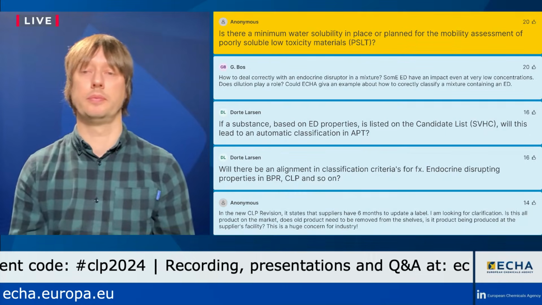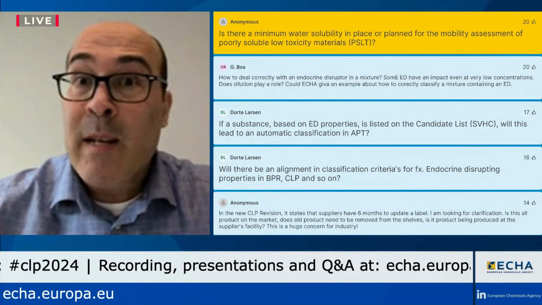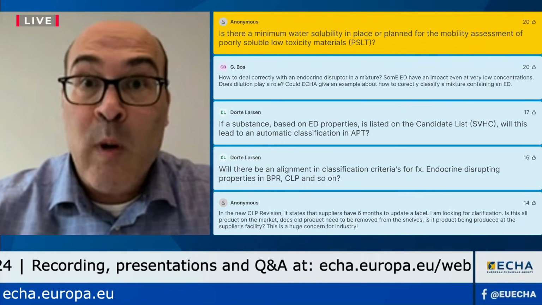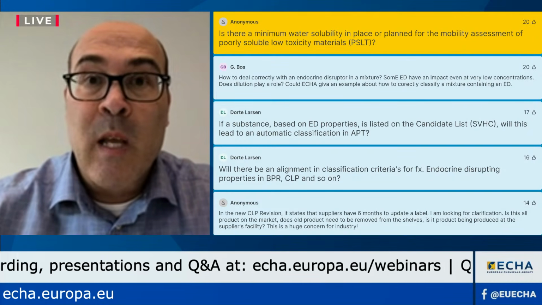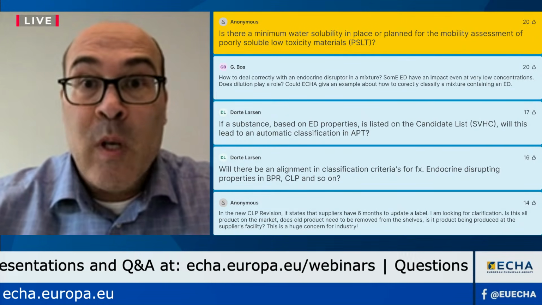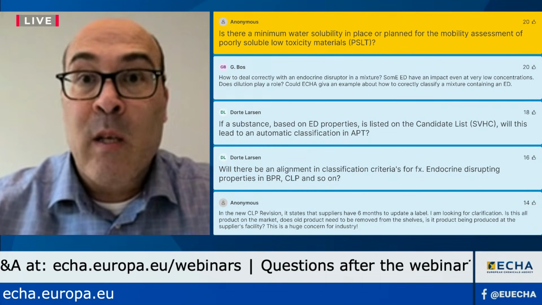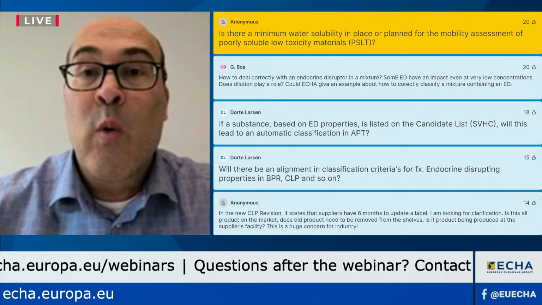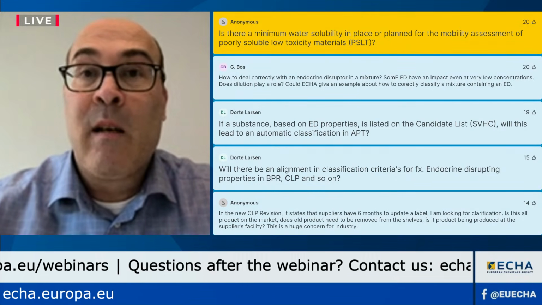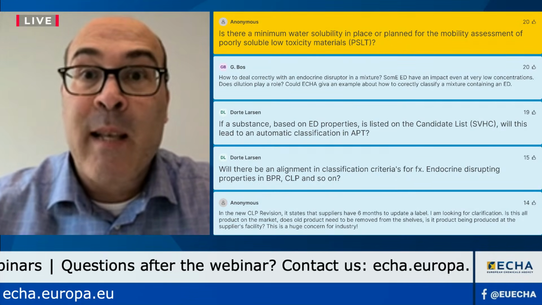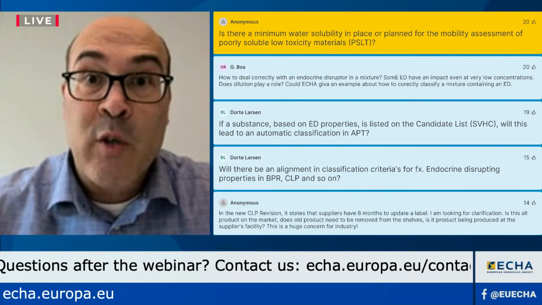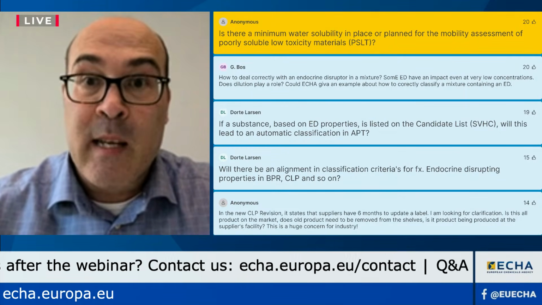No, there is no minimum solubility in place, and there is no current plan to introduce one for the mobility assessment. As we said before, the assessment of the data will need to proceed in a weight of evidence manner, where all validated, relevant, and reliable experimental and other types of information is put together and assessed.